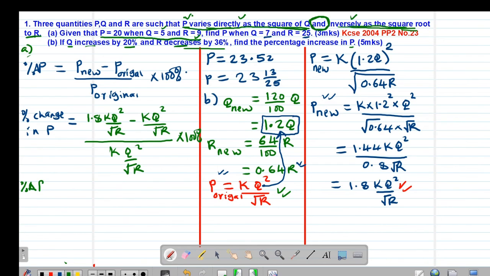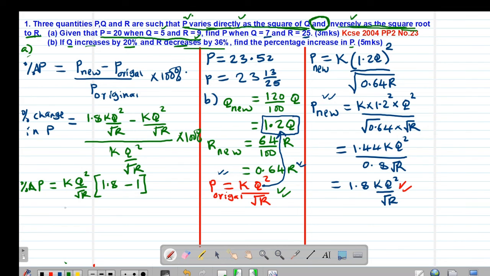So this one can be rewritten. The percentage change in P will be given by, remember I can factor out kq squared over the root of r because it is common. So if I factor it out, I'm going to have kq squared over the root of r, which is common, then into bracket. So this one will go here, 1.8 times, so this will be 1.8, then minus kq squared over the root of r goes here one time because both values will cancel with each other. So it will remain 1.